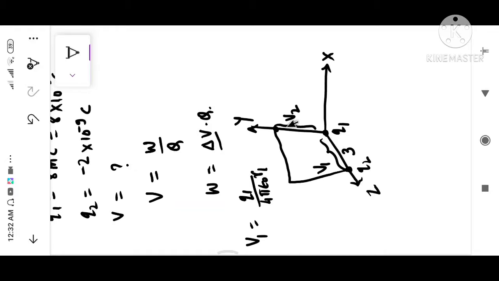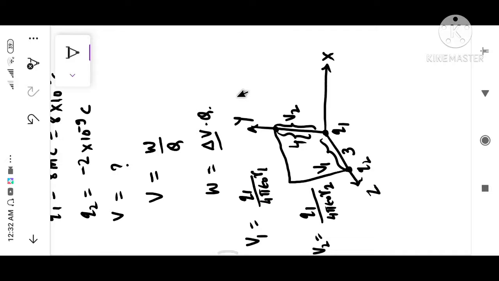Similarly you have to calculate V2. V2 is Q1 upon 4 pi epsilon naught R2, because you displace the same charge, and R2 is 4 here. Then find out del V.